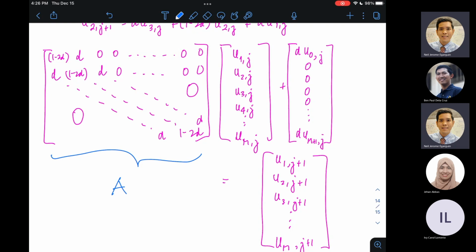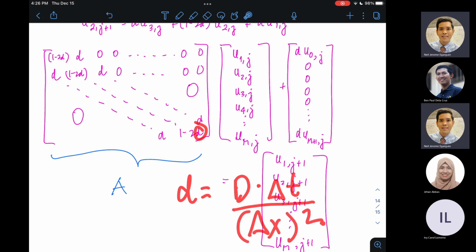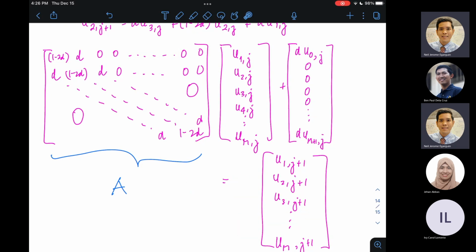Kung nasa ang moment ka man in time, yung matrix A hindi nagbabago. Because the matrix A only depends on the constant D, but the constant D, remember, is just the diffusion constant times delta t over delta x quantity squared. So hindi siya nakadepende sa times. Tawagin ko na lang siyang A. Pwede nyo siyang i-store kasi forever yan naman yung A natin na gagamitin.